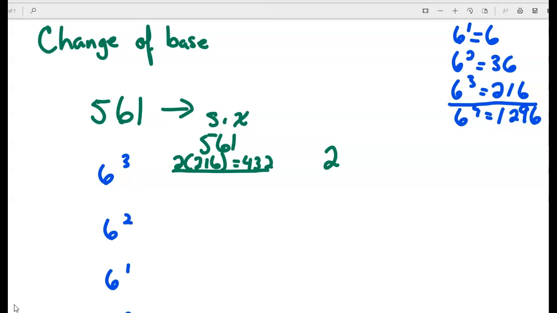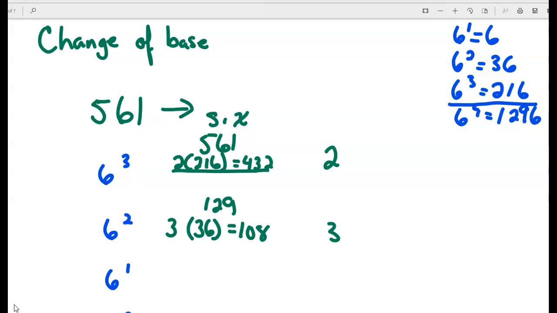And so I'm going to subtract these just like I would with long division. And that will give me 129, which moves me down to 6 squared. So I'm going to find out how many times 36 will go into 129. That is 3 times. 3 times 36 is 108.